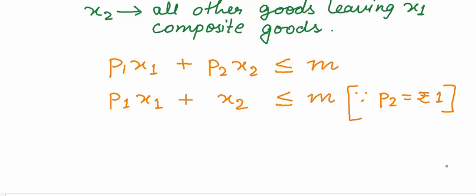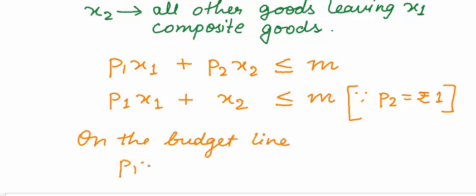On the budget line, we can also see that P1 X1 plus P2 X2 is equal to the income of the consumer.